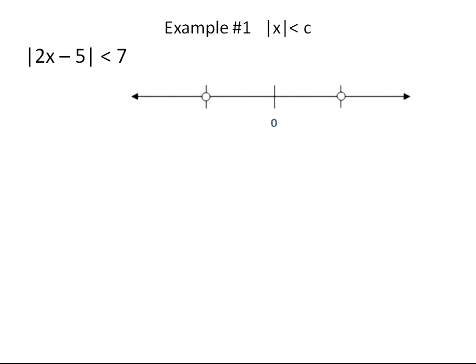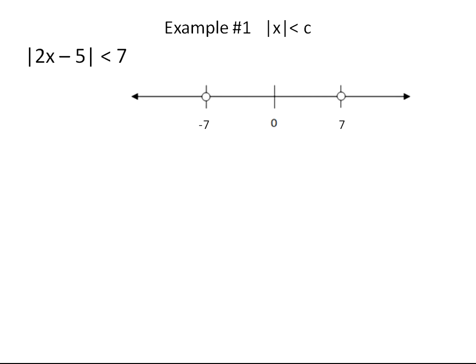And so we illustrate that with a number line. And so we have two boundaries because both of these are exactly 7 away from 0.